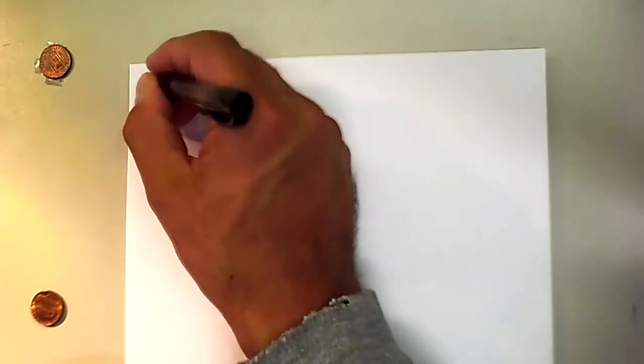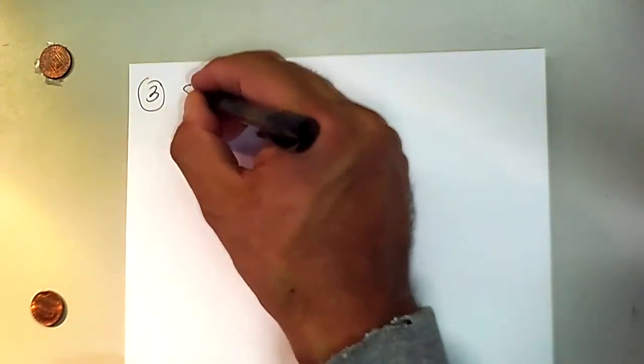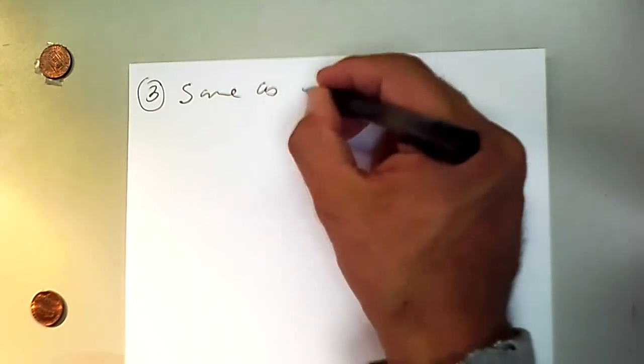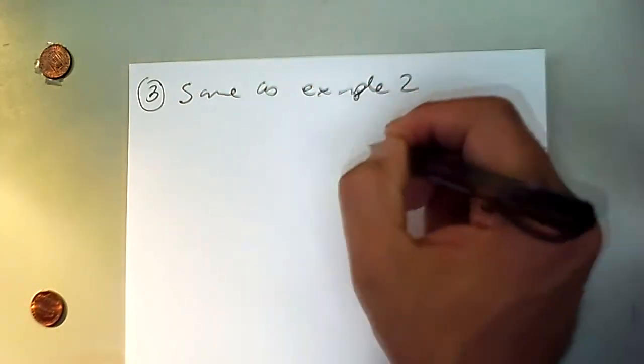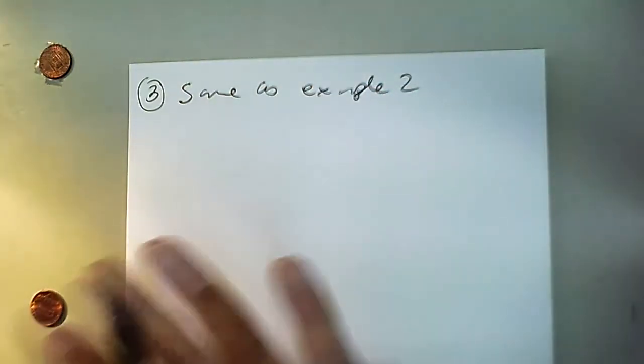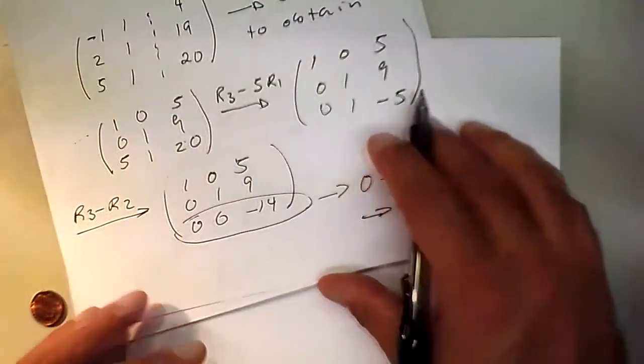Okay, so example 3, same as example 2, which had no solution. Remember, there was no solution. Did we write that down? Yep, there's a contradiction. Remember, 0 equals negative 14.